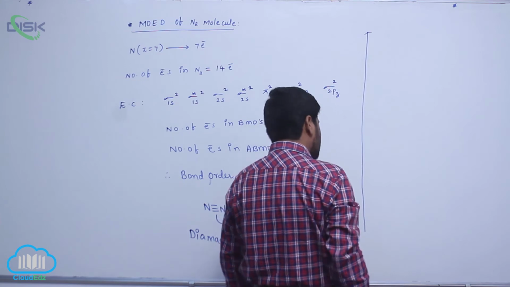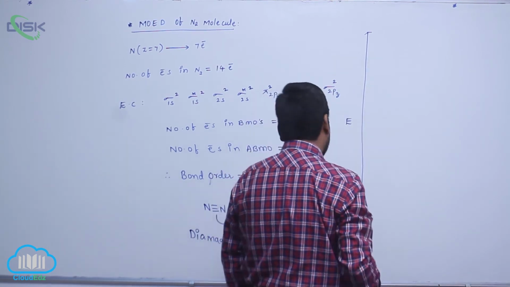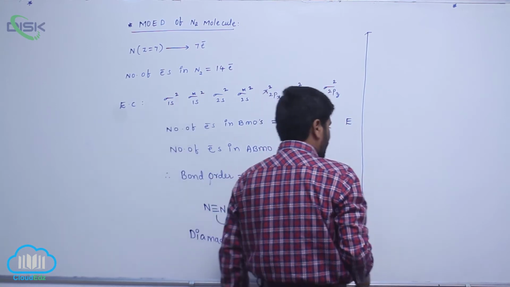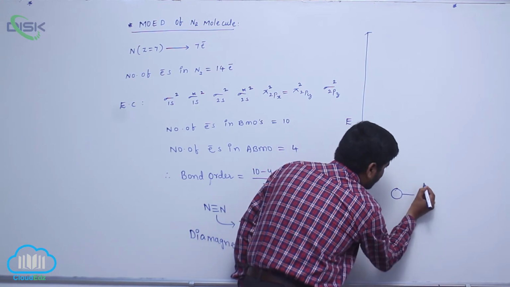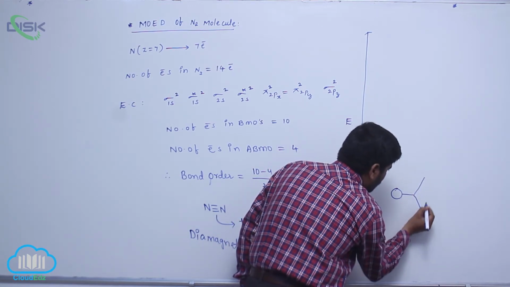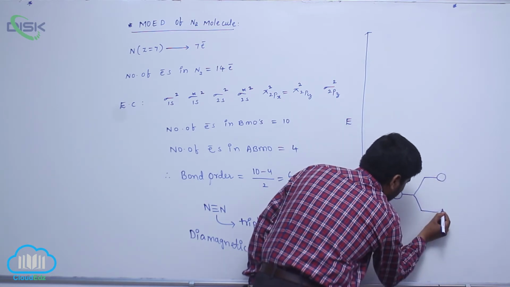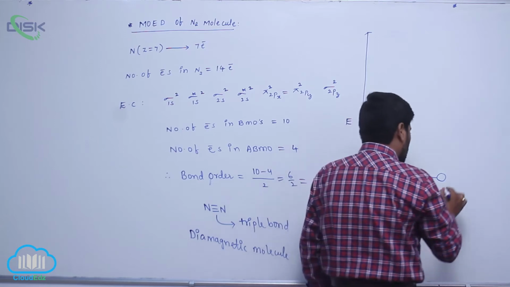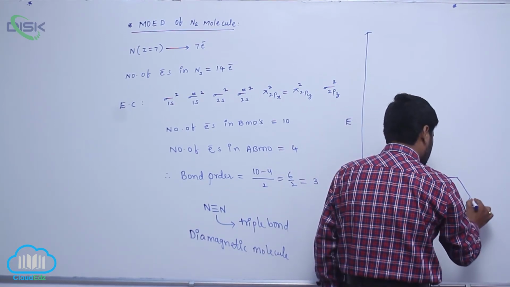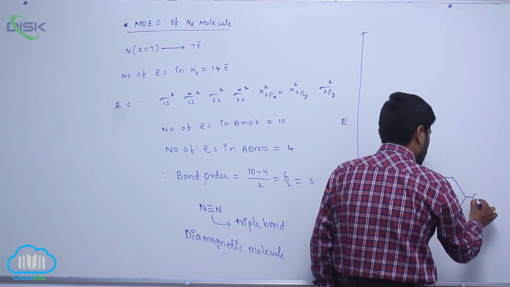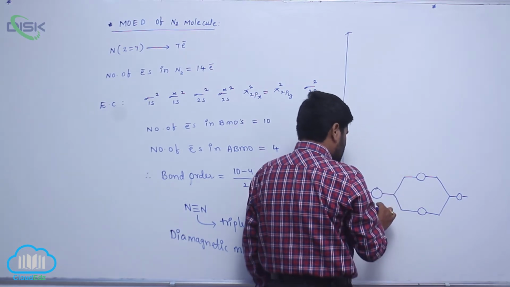This is the energy axis, the potential energy axis. The first one is the 1s orbital; one orbital is higher in energy and the other is lower in energy.